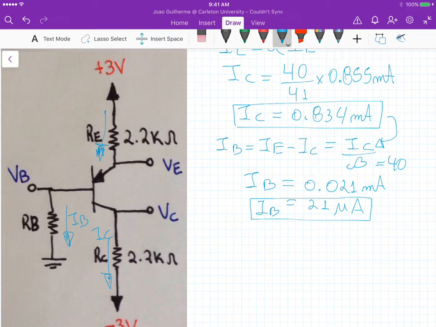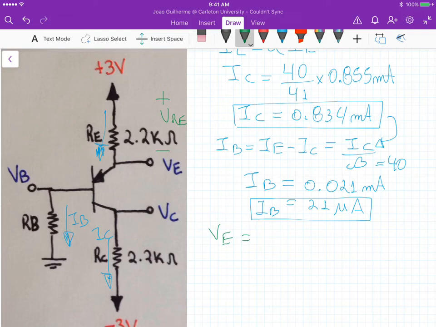So the first voltage, VE, we can calculate from the voltage drop across this 2.2 here, which I'll call VRE.